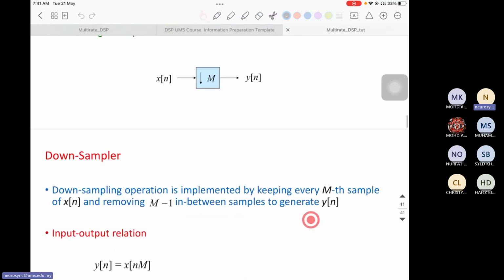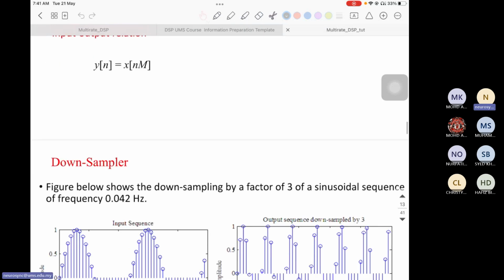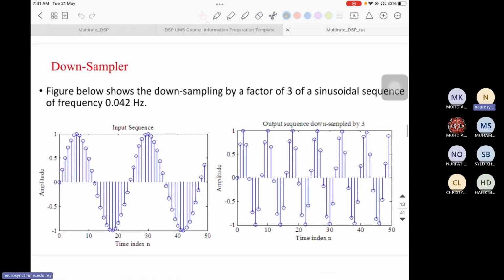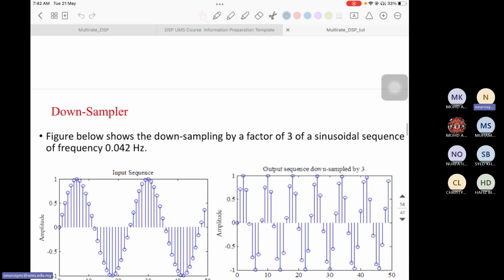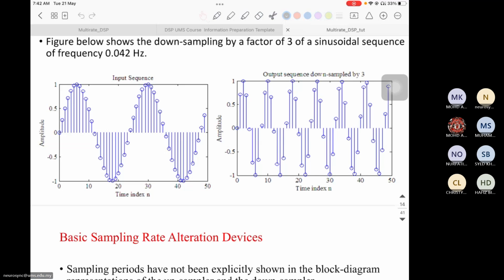In case of a downsampler with a factor of 3, I will take only every third value in the given sequence, and in between I will remove M minus 1 points in the sequence.